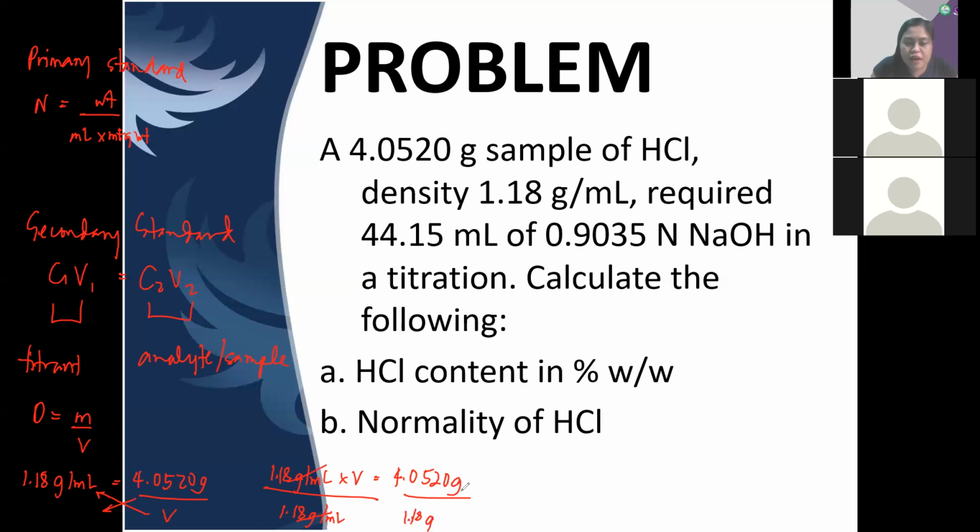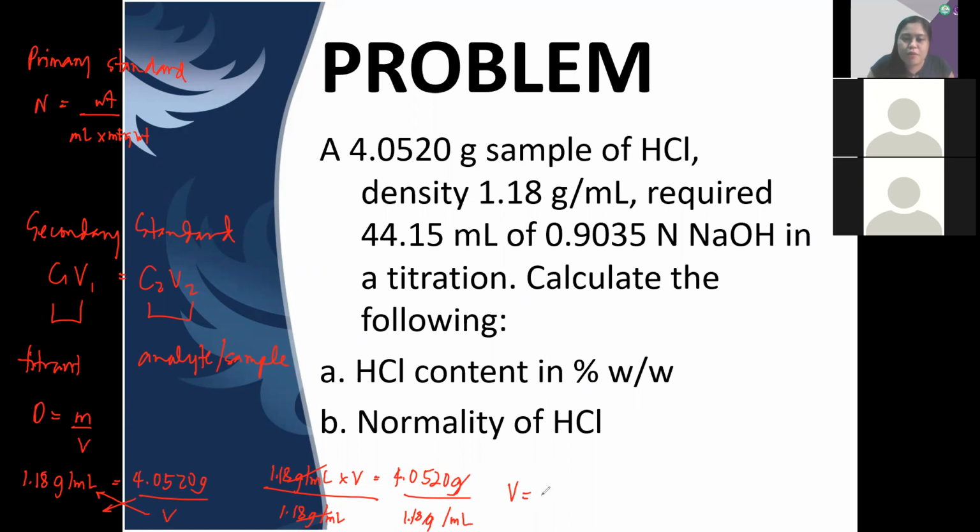Sorry, I'm not fond of deriving formula. I will always go back to the original one and substitute everything. That's how I compute class. So this is 1.18 grams per ml, cancel the grams.